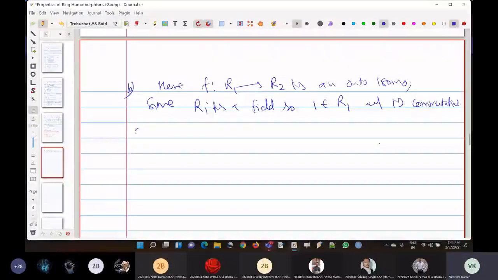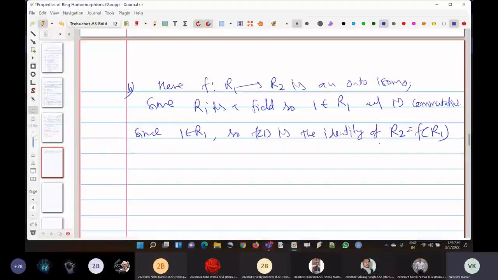We need to prove that R2 has unity also. Since 1 belongs to R1, today, in fact, we have seen that if 1 is the unity in R1, then f of 1 is the identity of R2, of f of R1. Since f is onto, we can very much write R2 equals f of R1.